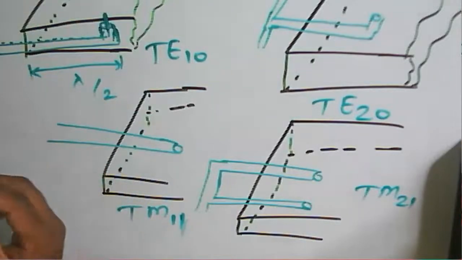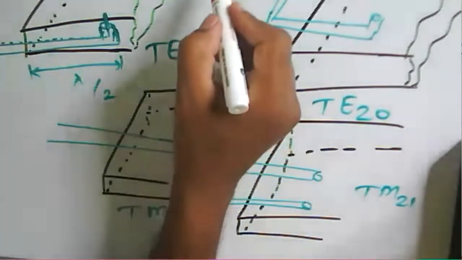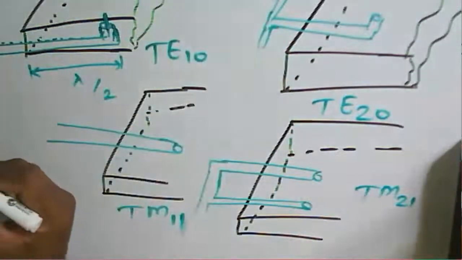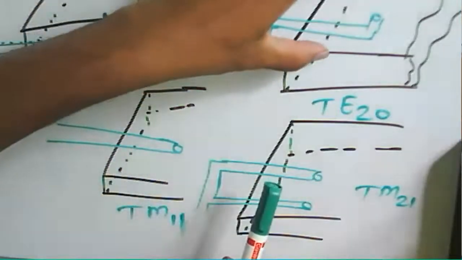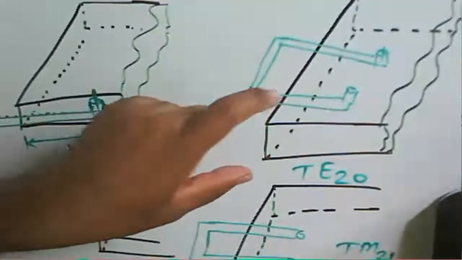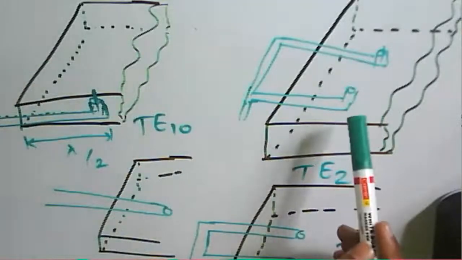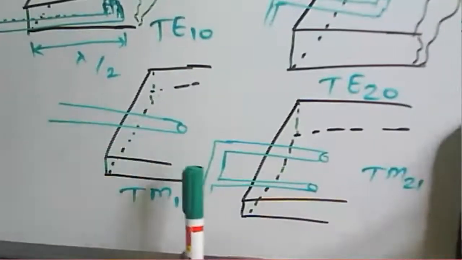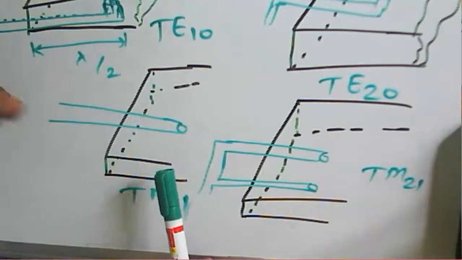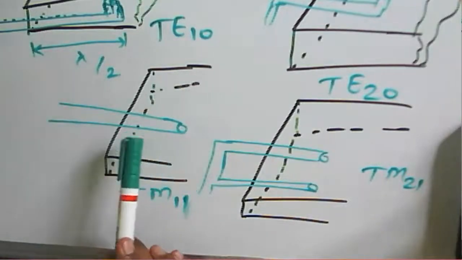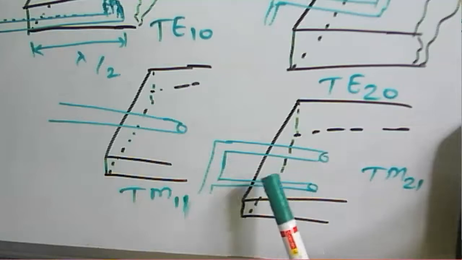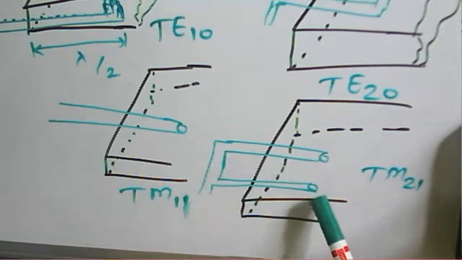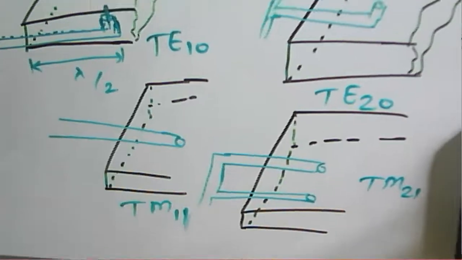From the bottom of this particular rectangular waveguide, we are exciting with two probes, that is a TE20 mode. So likewise, only one probe from the short circuit end providing the input to the guide, it is TM11 mode. If from the short circuit two probes we are inserting, we say TM21 mode.